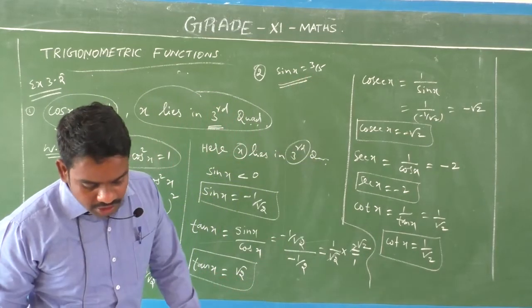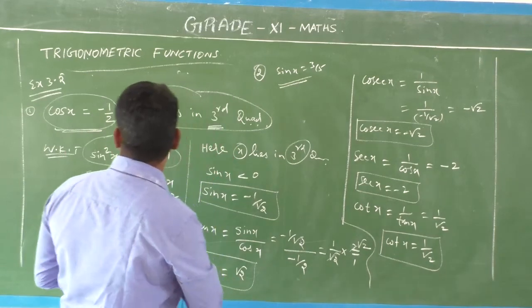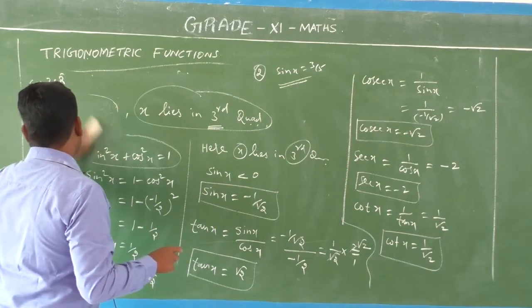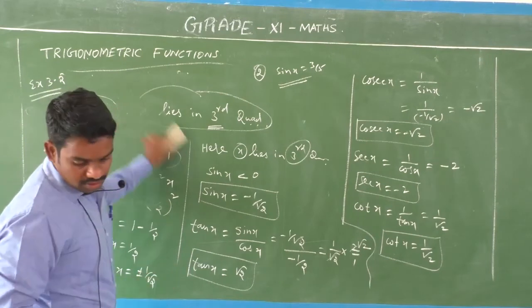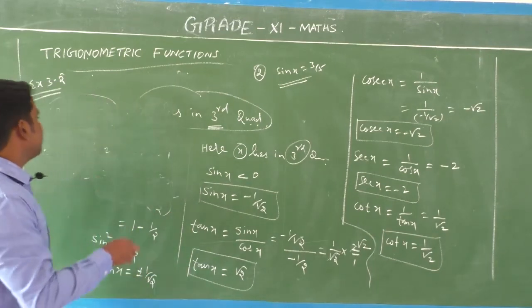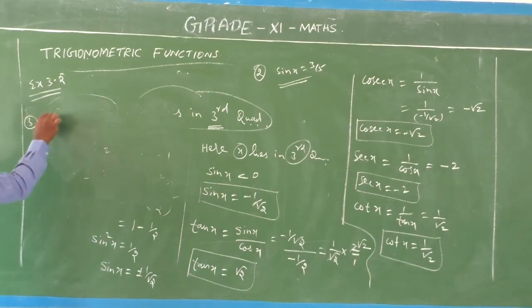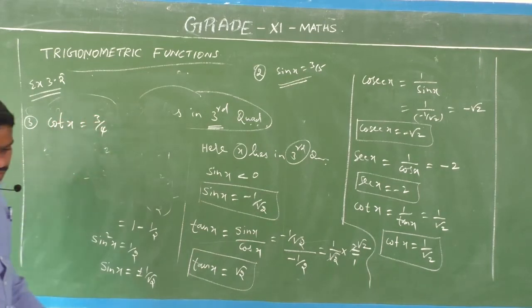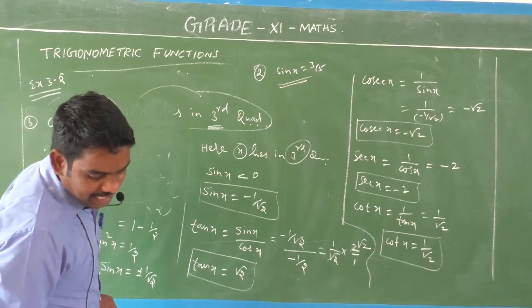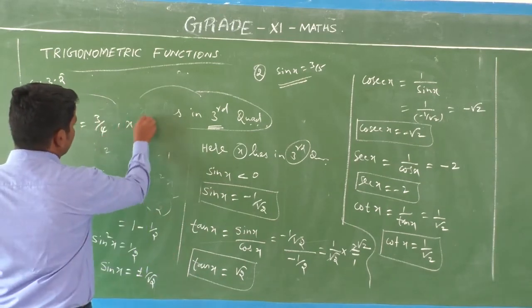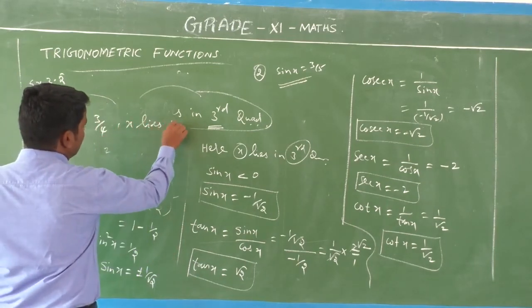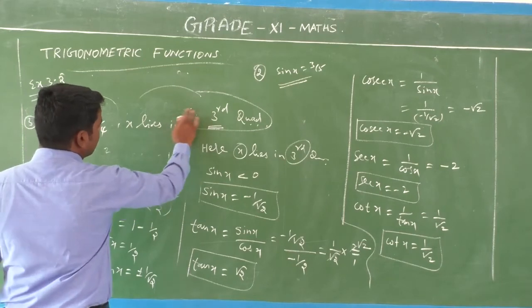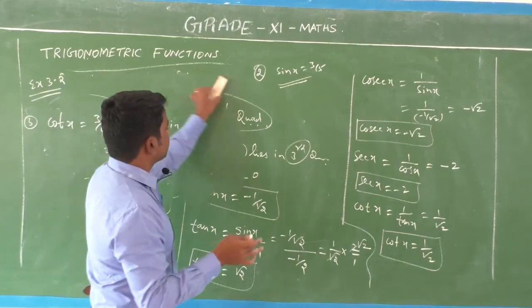Next, the third question: cot x equal to 3 by 4, and x lies in the third quadrant.